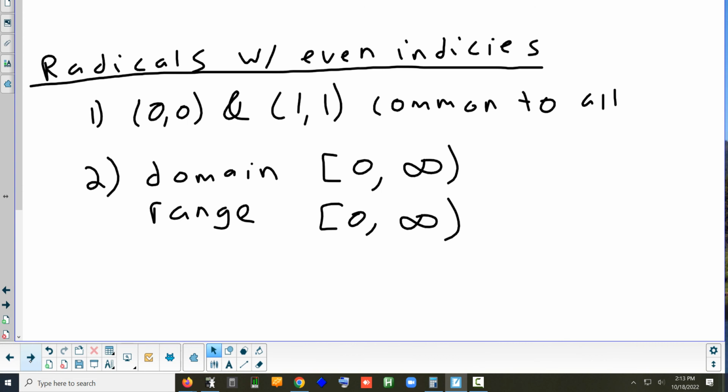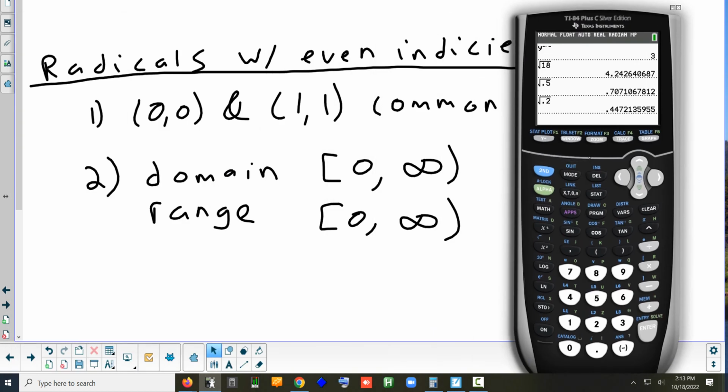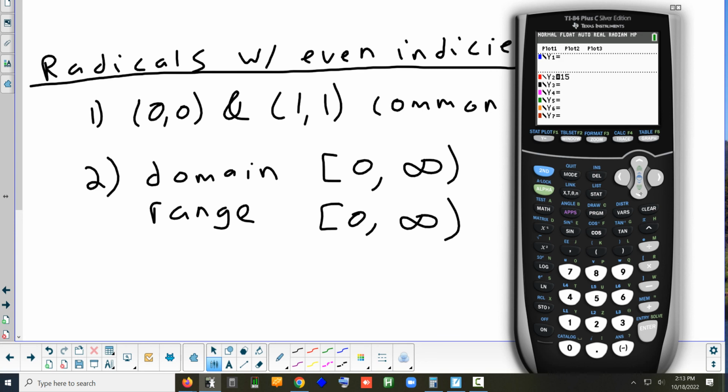So that, if we graph that, it leads us to a few different things that always happen with even roots. Let me show you how to graph even roots, and you'll see why these things are true. First, I'm going to do a square root. I'm assuming everybody knows how to do square root, which is second, and then the x squared button. There's no button for 4th root, 6th root, 8th root, any other root.